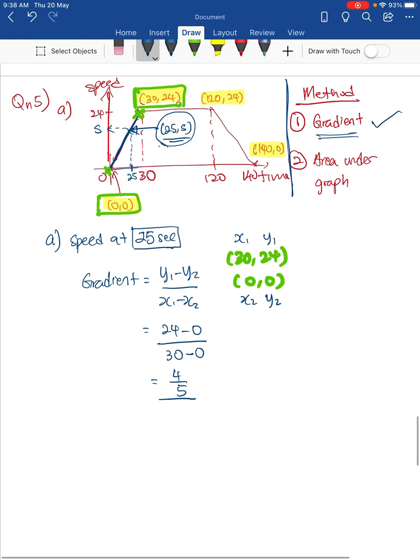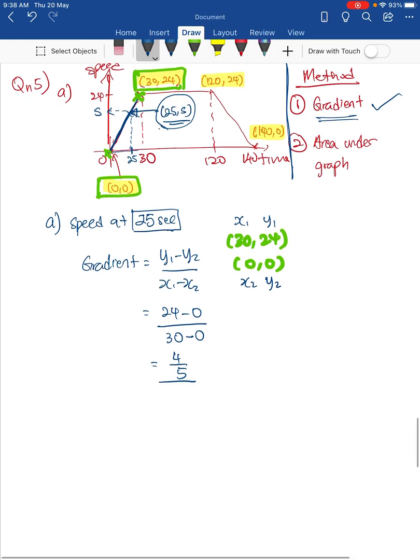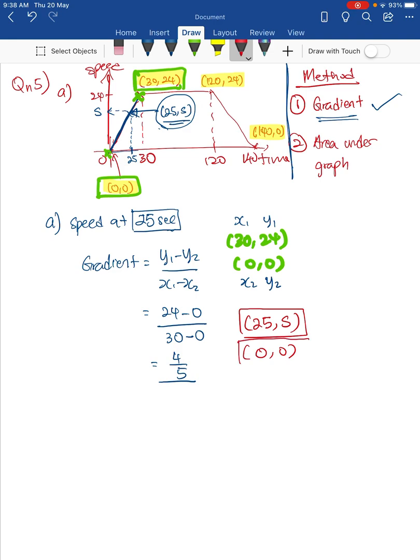So how is this gradient going to be helpful? Once you've got this gradient, I'm going to use another two coordinates to form the equation. Now I have the unknown coordinate, which is 25, s. I'm going to use this and 0, 0 to find the gradient as well, because using these two coordinates we're going to get back the same value.